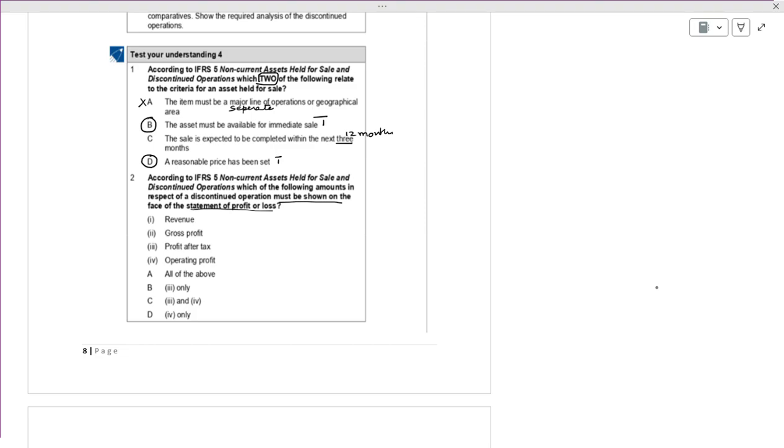Revenue. Revenue and profit after tax. All of them, doctor. All of the above: revenue, profit.